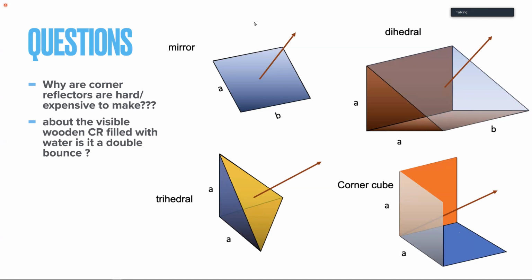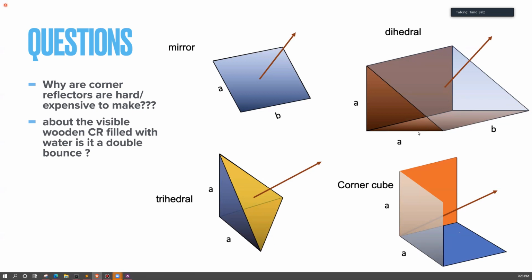If you position it correctly, you just need a metallic, conducting plate and orient it toward the sensor. It would be a mirror. For a simple corner, you just need two metallic plates at a right angle. That's not difficult to do.